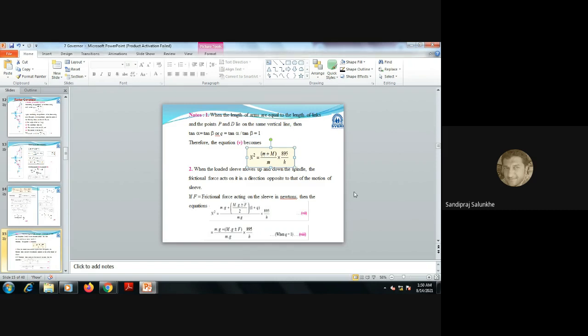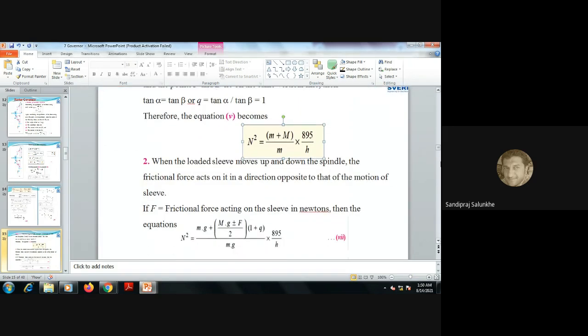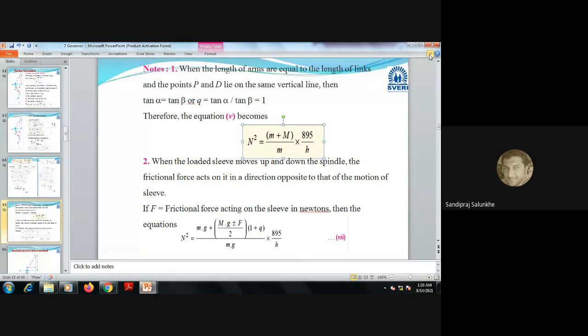You can see here in the equation, this F small plus or minus F. We consider plus when the sleeve is moving in the downward direction, and when the sleeve is going upward, because frictional force is acting in the same direction as this W. And when the sleeve is coming down, you have to take minus sign because frictional force is acting in upward direction, whereas W is acting in downward direction.